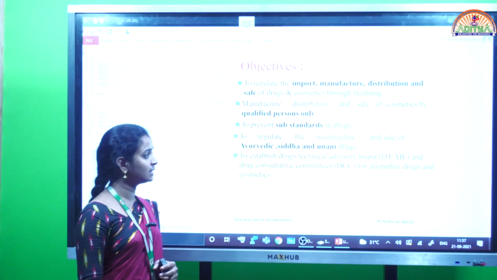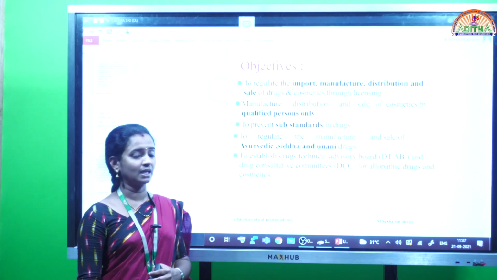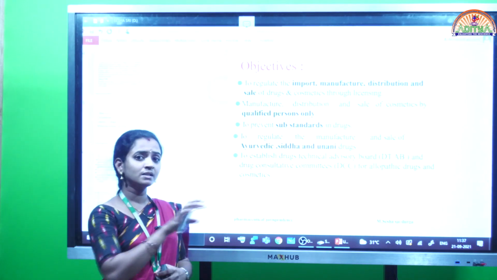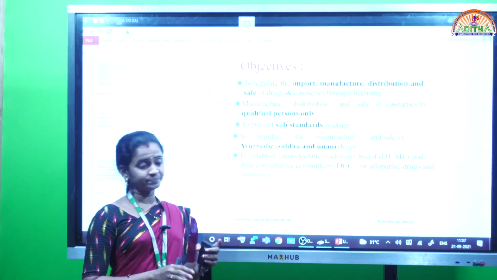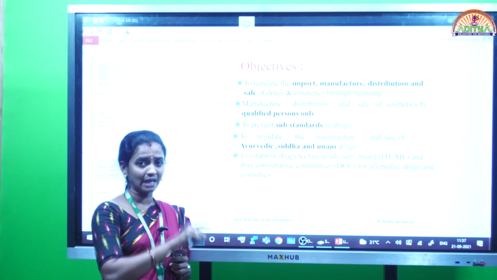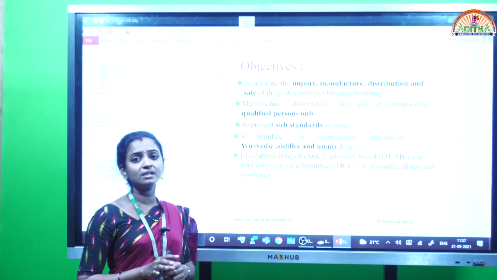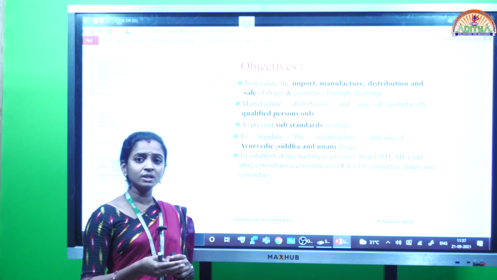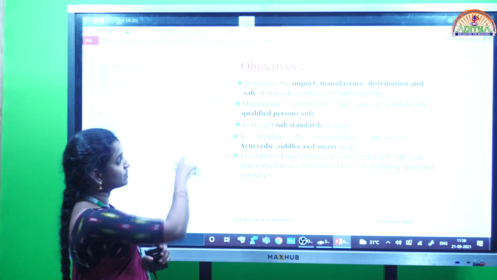These two are the administrative bodies under the Act. They will regulate the remaining objectives of the Act, give suggestions, and frame and pass the rules under the Act to achieve the objectives.